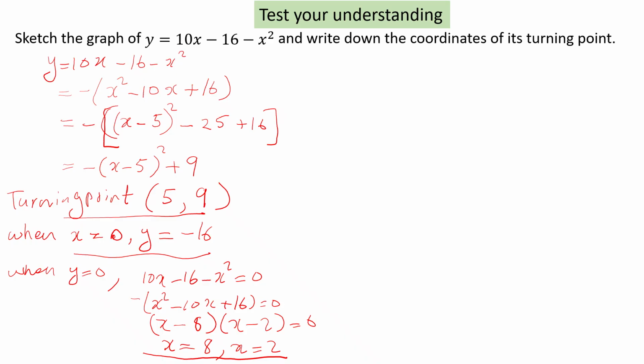Now sketch the graph. The turning point is 5, 9. And when x equals 0, y equals negative 16.